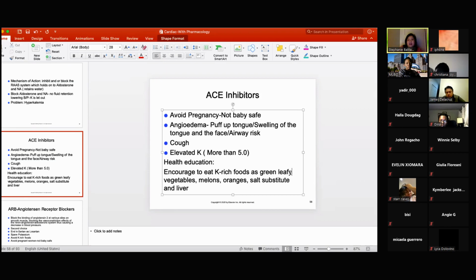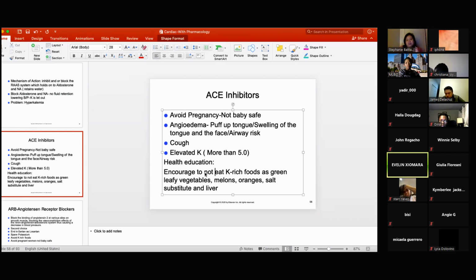So if you have hyperkalemia, are you going to encourage them to eat potassium-rich foods? No. They should not be eating potassium-rich food because the potassium level is already so high.